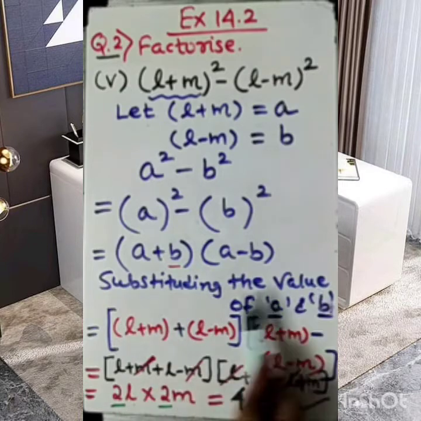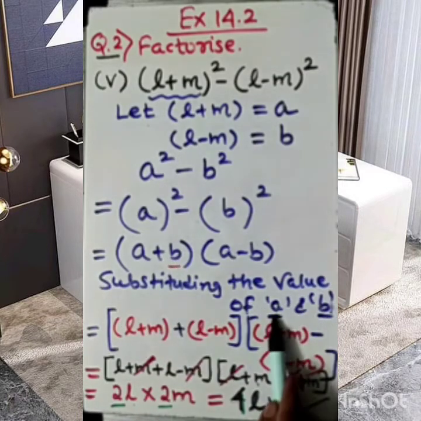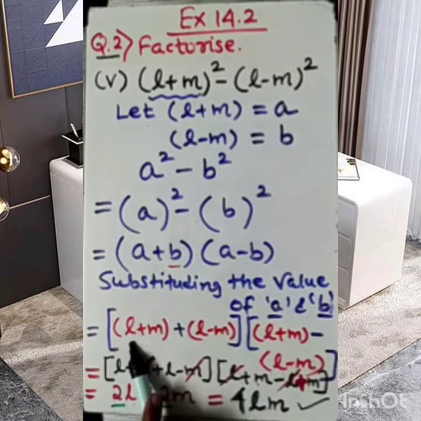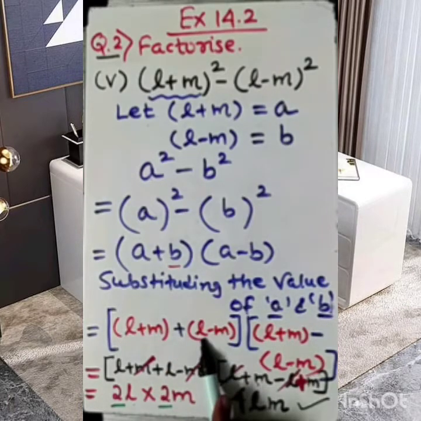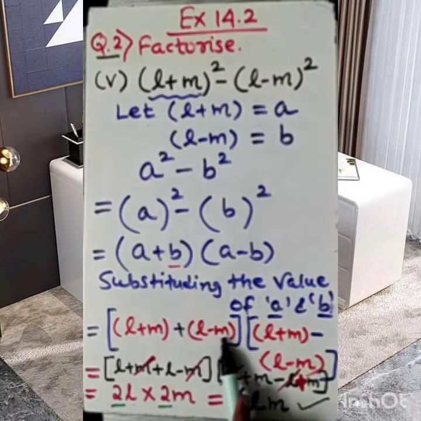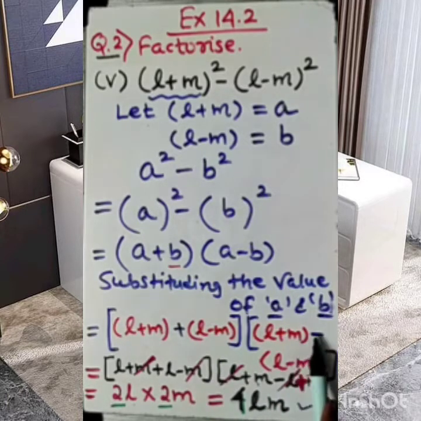Now substituting the values of A and B: in place of A, I have written L plus M; in place of B, I have written L minus M. Same thing here: in place of A, L plus M; in place of B, L minus M.